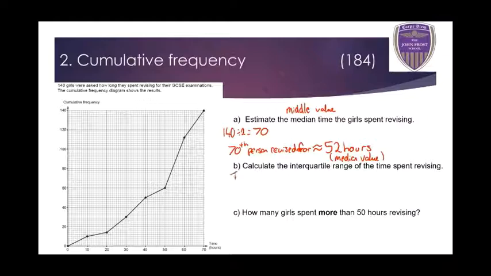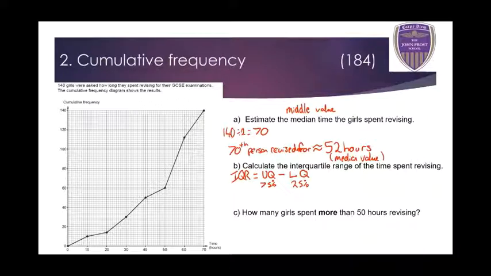So the interquartile range is equal to the upper quartile, take away the lower quartile. Okay, well, what is the upper and lower quartile? Well, the upper quartile represents the 75% line of the data, and the lower quartile represents the 25% line of the data, if you will.